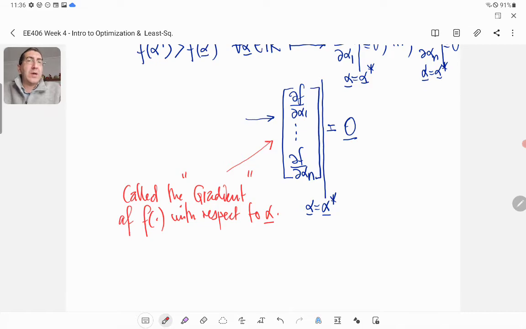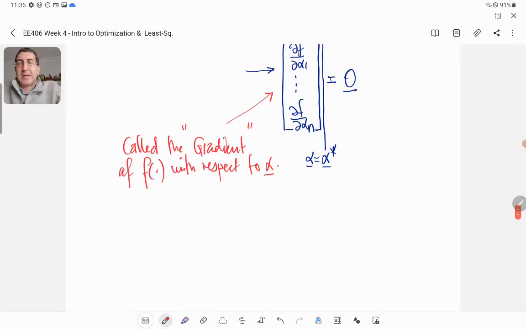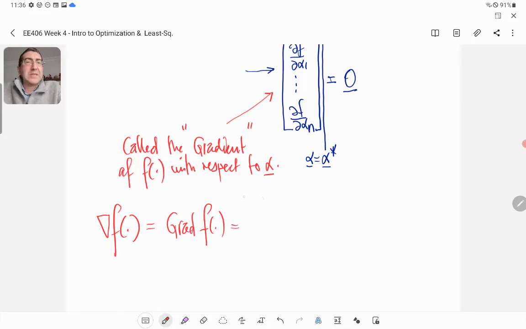Okay, so this also has a special symbol. It's the inverted triangle. It's also called the grad sometimes, grad of f, and it's basically this derivative vector. Okay. Sorry, alpha n.